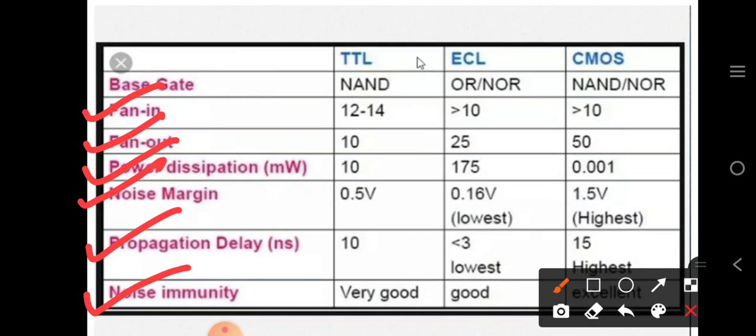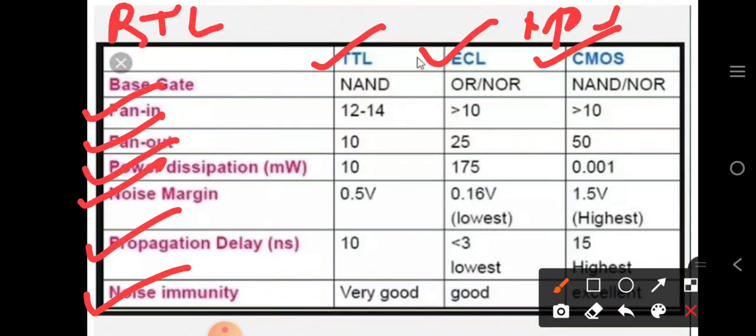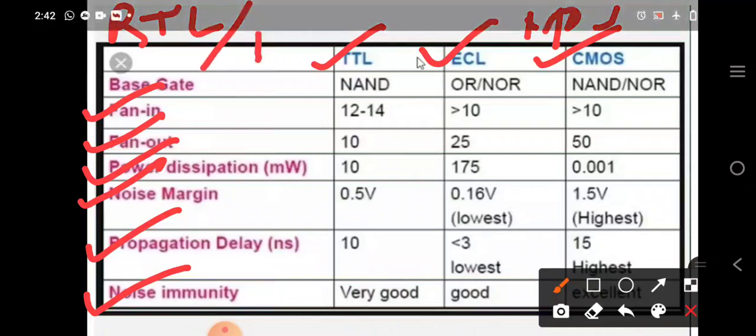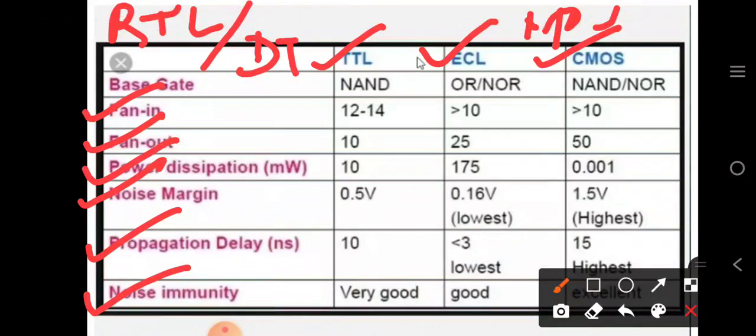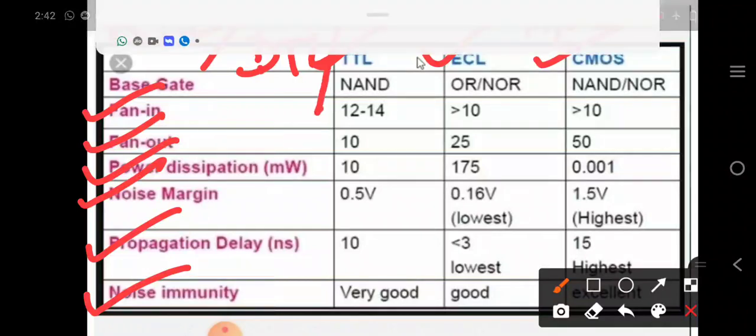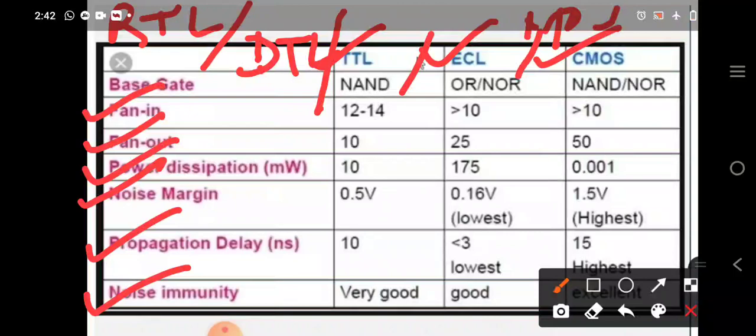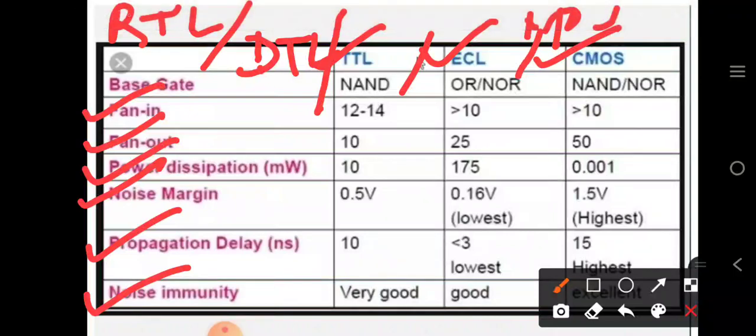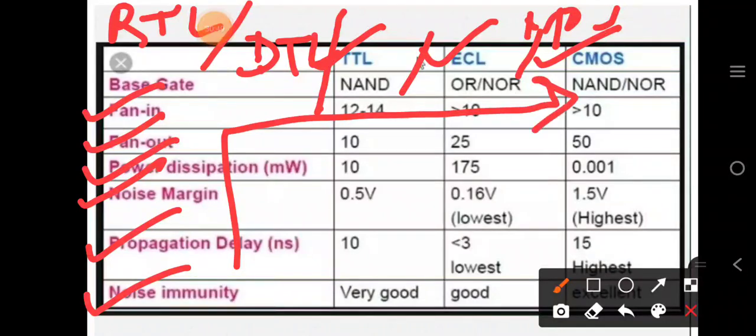In today's lecture we have studied TTL, ECL, MOS and CMOS. In the previous lecture we studied RTL, then DTL. So all these points we have covered.